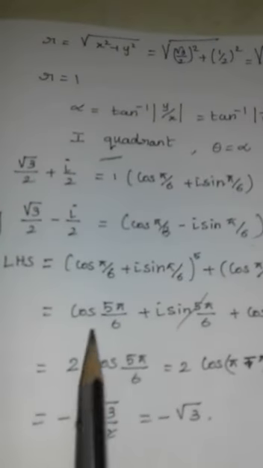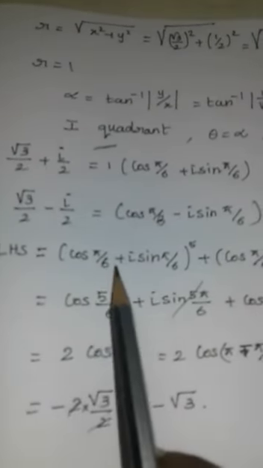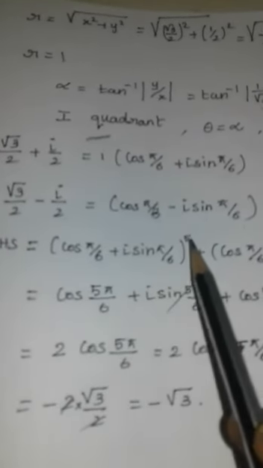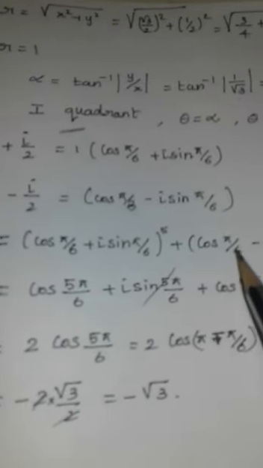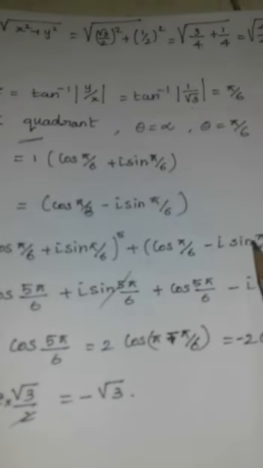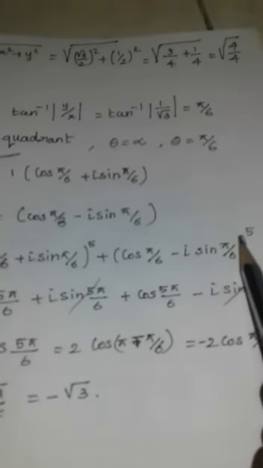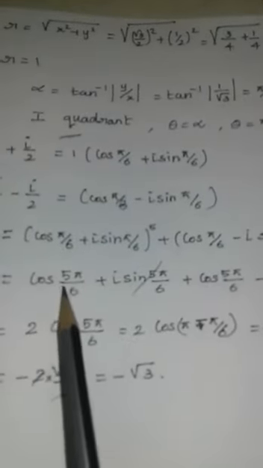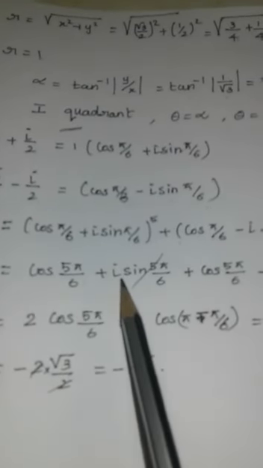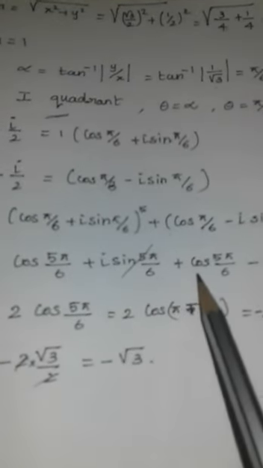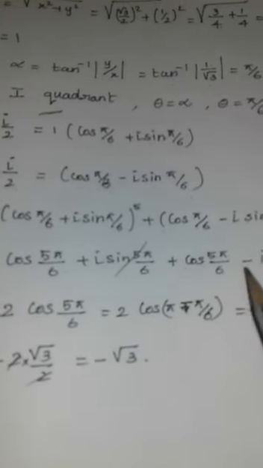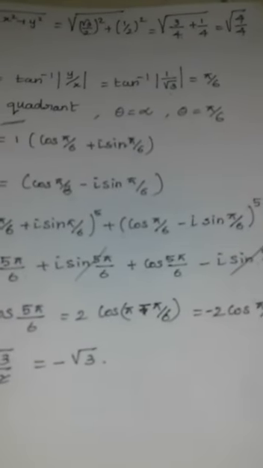This is the LHS side: (cos of pi by 6 plus i sin of pi by 6) whole power 5 plus (cos of pi by 6 minus i sin of pi by 6) whole power 5. Using DeMoivre's rule, cos of 5 pi by 6 plus i sin of 5 pi by 6 plus cos of 5 pi by 6 minus i sin of 5 pi by 6.